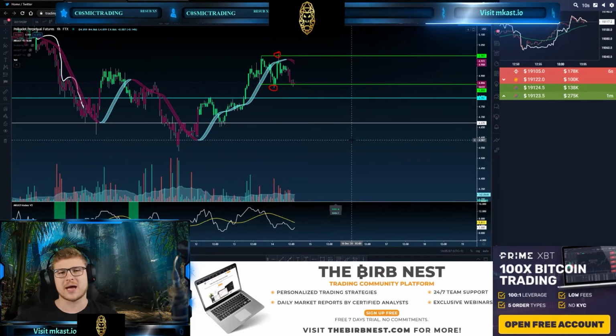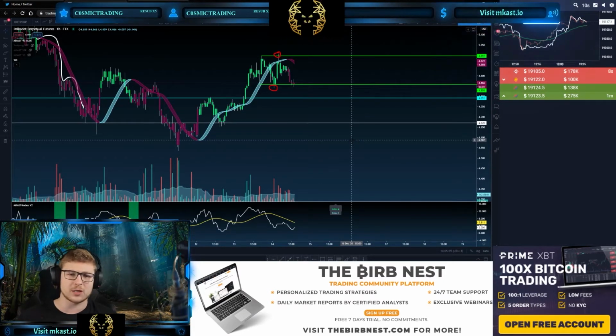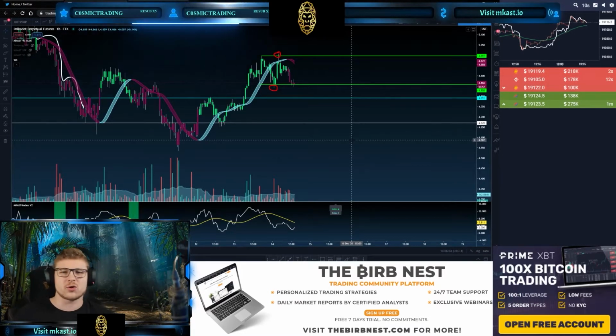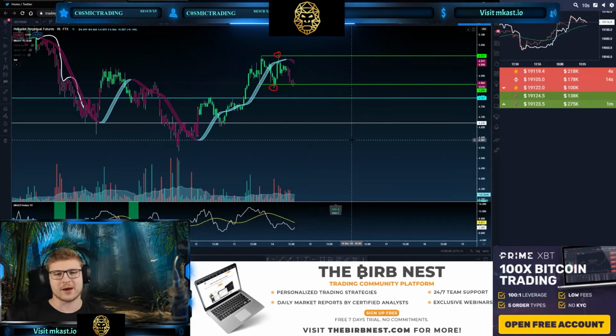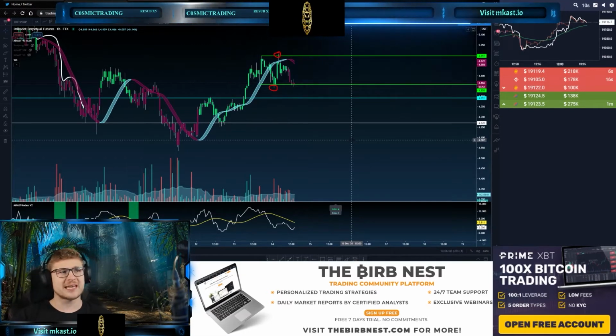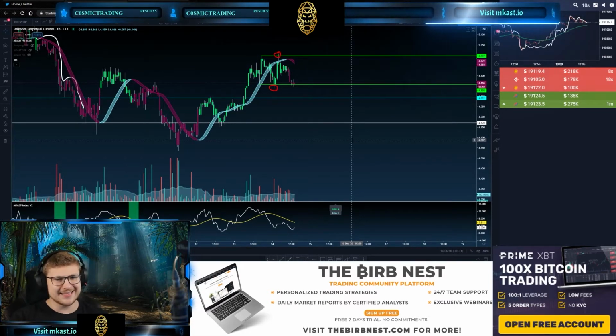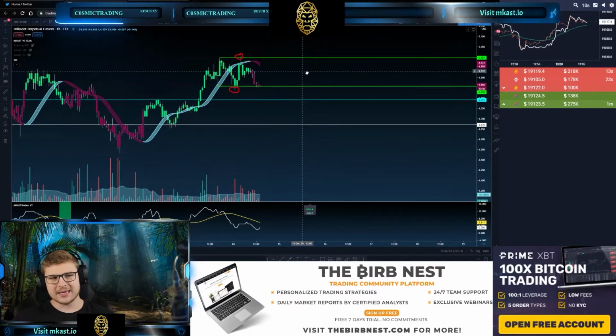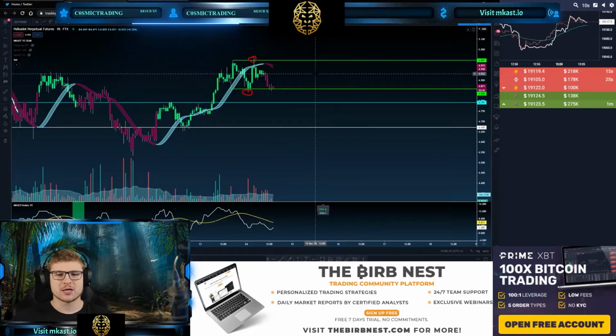I'm going to be showing you how to identify them perfectly, what the rules are, and anything you need to know about swing failure patterns. So let's take a look at our very first one right here. And this is the dot chart.